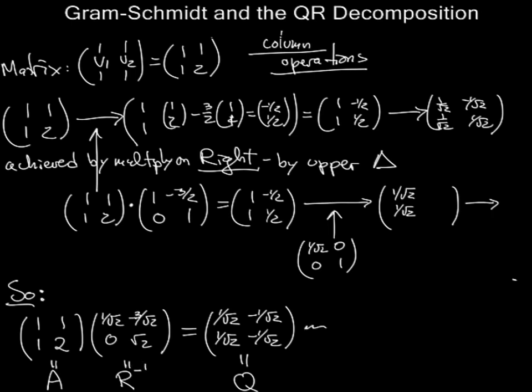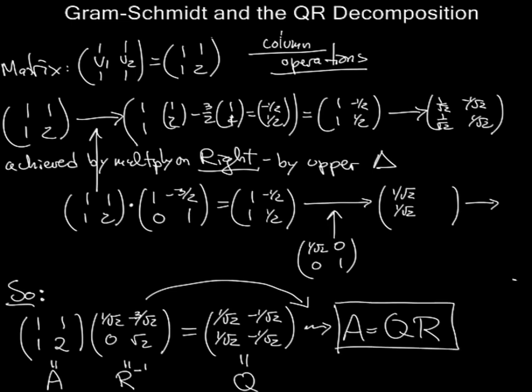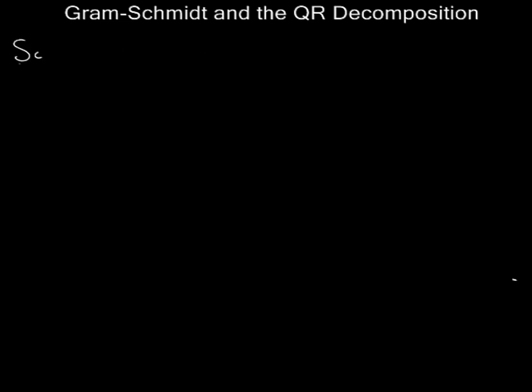And I'm going to call this thing R inverse so I can move it to the other side and say that I've written A is equal to Q times R. So that is an example of the QR decomposition. So let's summarize that. You have an arbitrary basis, V1 through Vn. You put them into the columns.